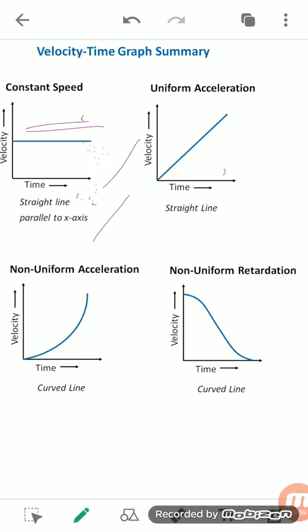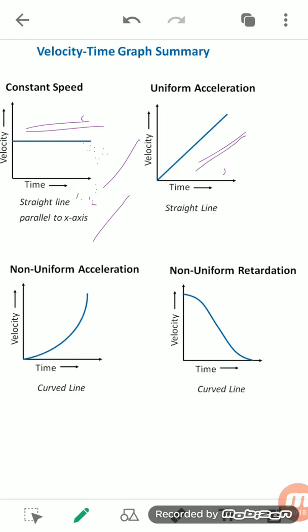Here the rate of change of velocity is an equal amount in an equal interval of time, which represents uniform acceleration, and this velocity time graph is represented by a straight line in an upward direction.